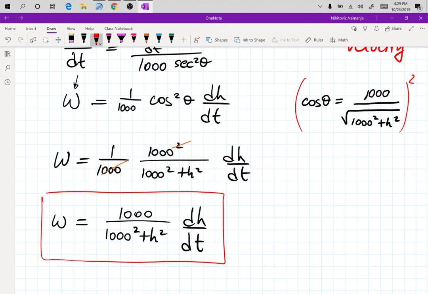There is the speed, that's your dh dt, and there is your height, h. So these two numbers that are constantly changing will be live fed into your code, and your code will be computing the omega.